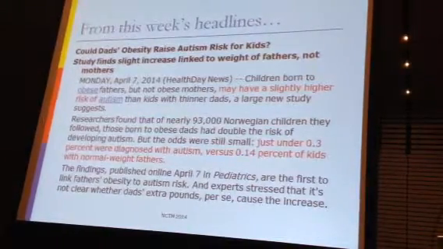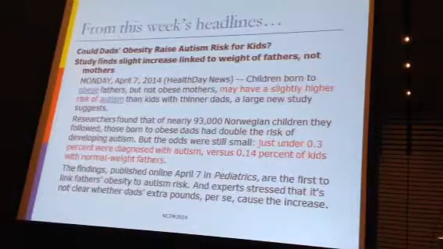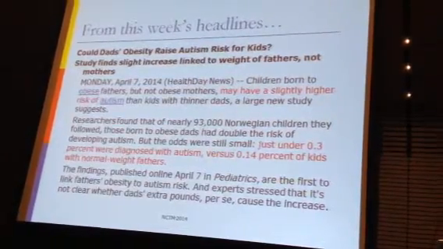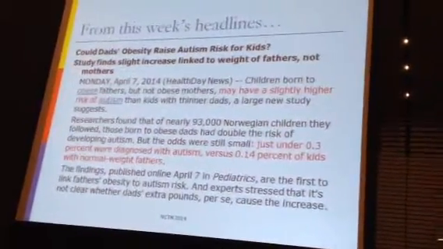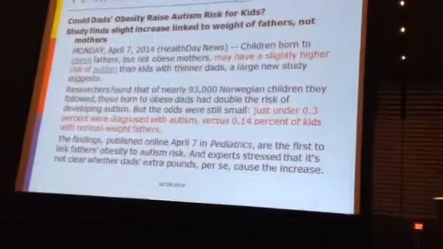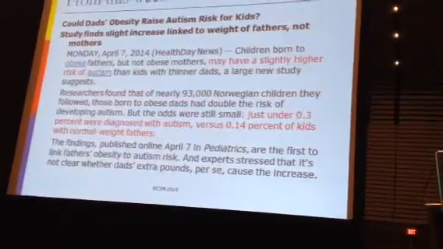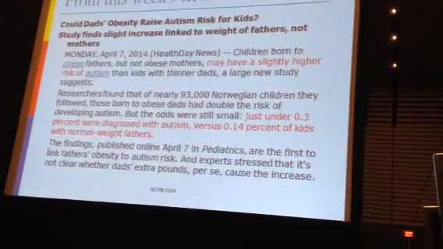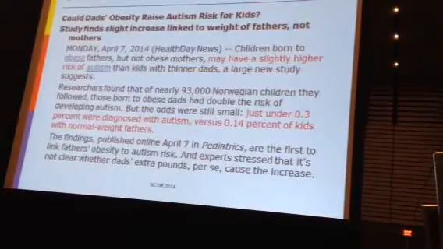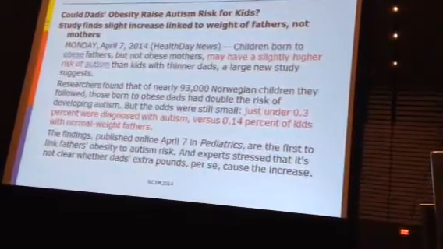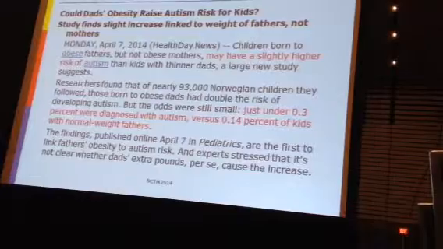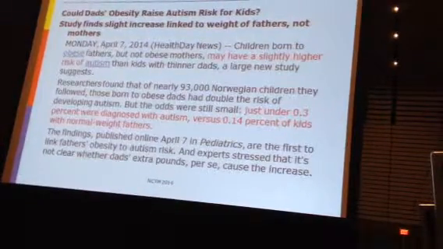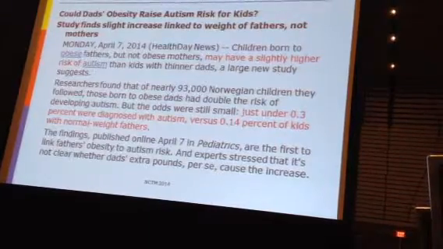Okay, so again, probability. I highlighted a couple of things here because they actually tried to do a good job of explaining what that means. They say slightly higher risk. But they also included, and this is one of the things that you often don't see in newspapers, often they go with the relative risk. They report, doubles the risk. But they never tell you what the actual risk is. And so here you can see that they actually do report the actual risk.